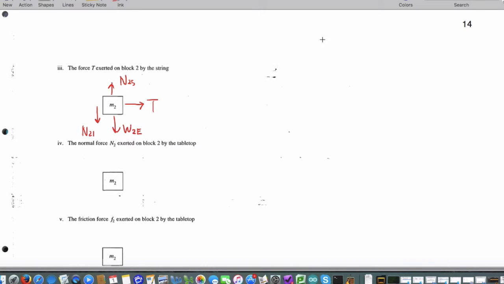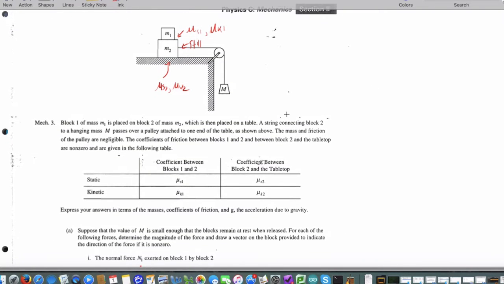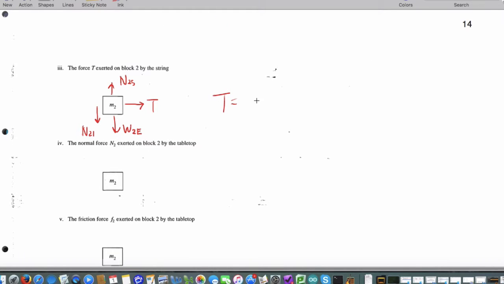And let's see if we can figure out what the force is going to be by the third law. So we know because of this rope, we have T here, and we have big Mg here pulling down on M. So it actually turns out the tension in the string is going to be capital M times g.